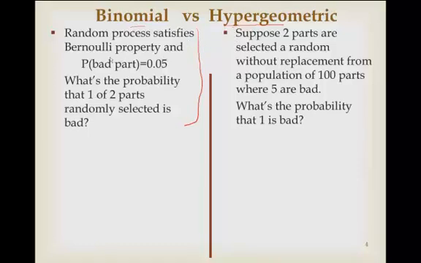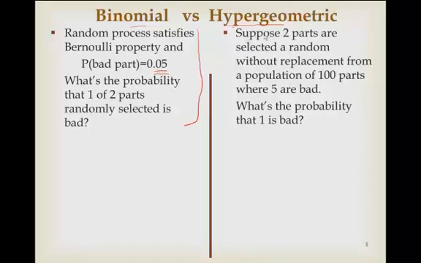This one, I specify what the probability of a bad part is. Take a look, it's 0.05. And then I say, what's the probability that one of two parts randomly selected is bad? Okay, so this bad part probability is always fixed.